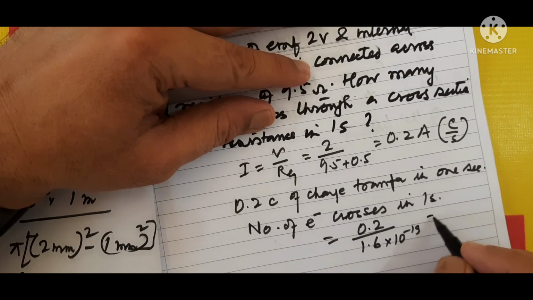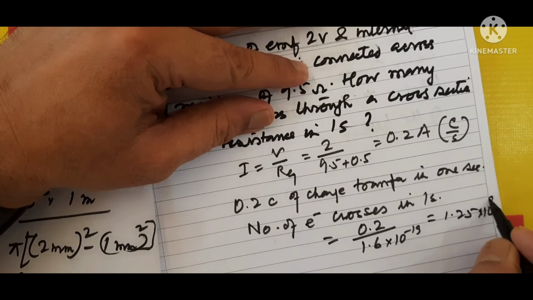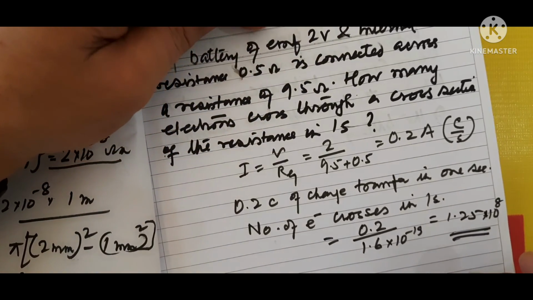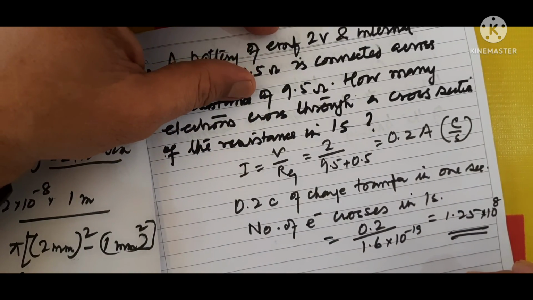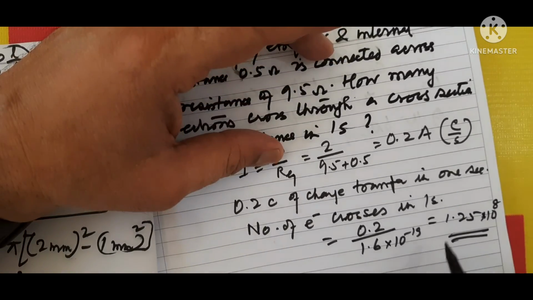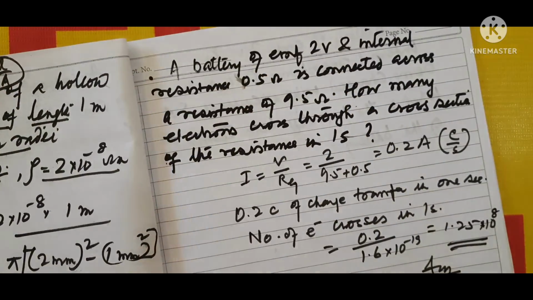That comes out to be 1.25 into 10 to the power 8. That many free electrons cross through a cross section of the resistance in 1 second. That should be your answer. Right?